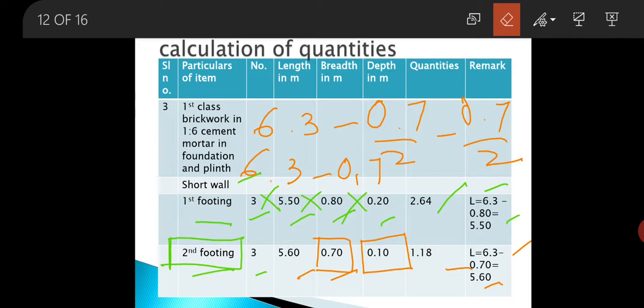That is why in short wall we are subtracting that much of portion. Otherwise, the breadth and depth will remain same for all the footings and plinth wall.